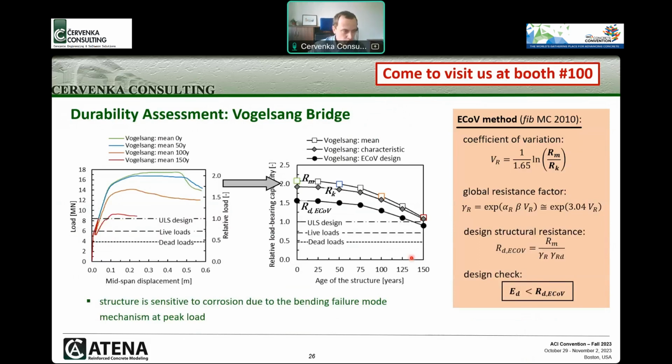To provide some quantitative information, it's possible to obtain the load displacement diagram for a different duration of the chloride attack. This is shown in this slide, and you can see the load displacement diagram for different duration of the chloride attack.